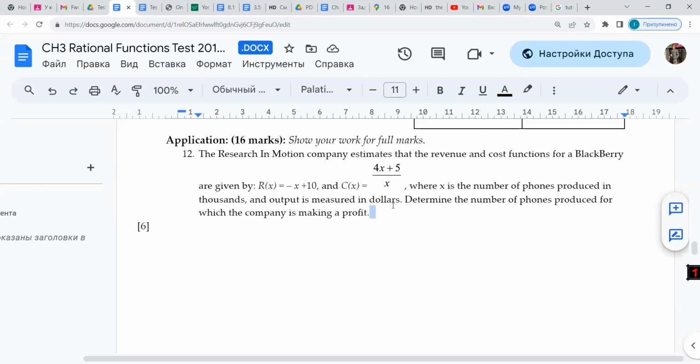So 1 x equals 1,000 phones produced. And the output is measured in dollars, so y gives us the number of dollars. Determine the number of phones produced for which the company is making a profit.